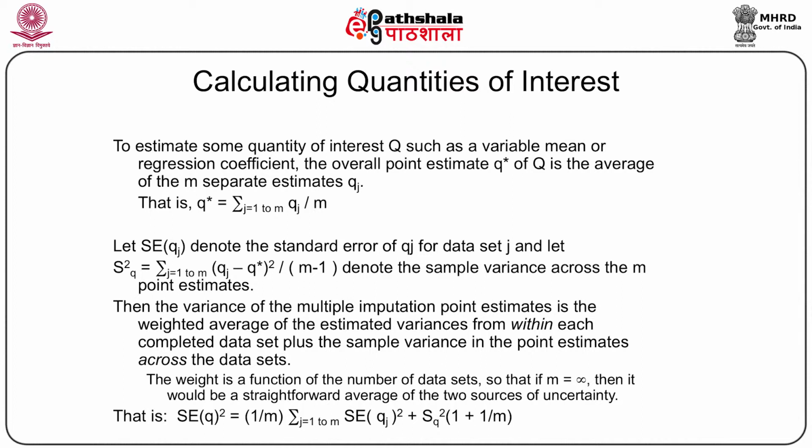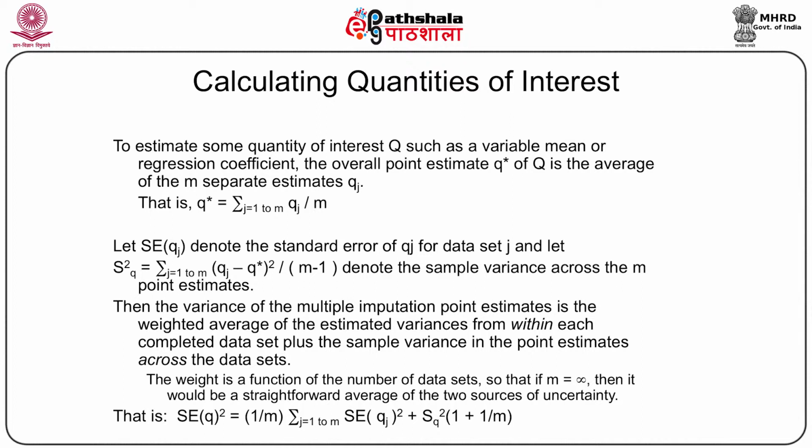Let SE(q sub j) denote the standard error of q sub j for data set j, and then S sub q squared is the sample variance across the m point estimates. Then the variance of the multiple imputation point estimate is the weighted average of the estimated variances from within each completed data set plus the sample variance in the point estimate across the data sets.